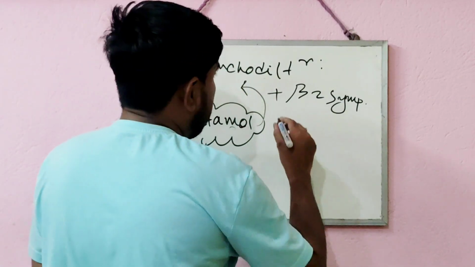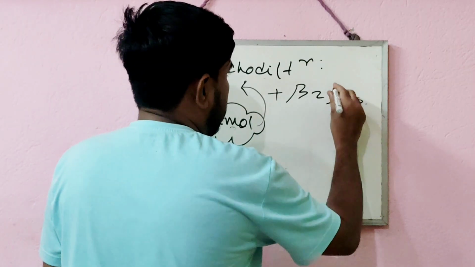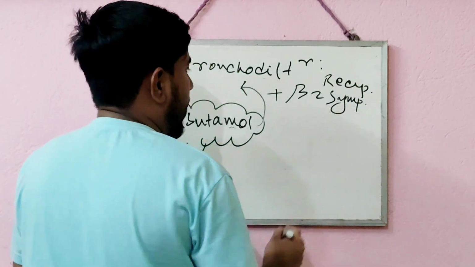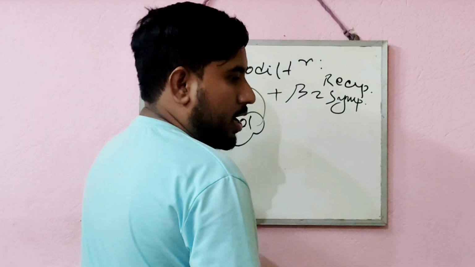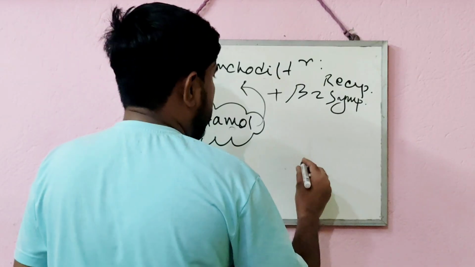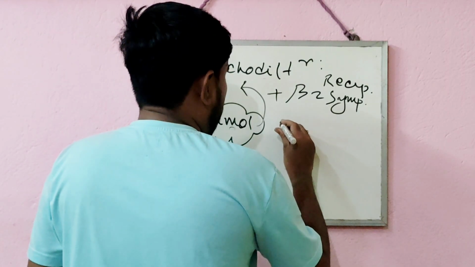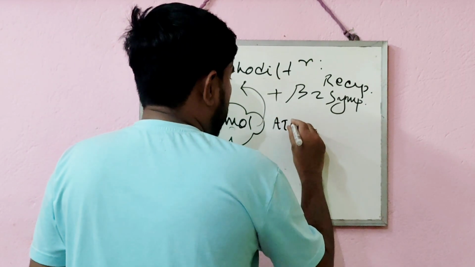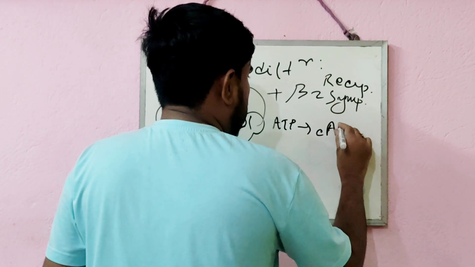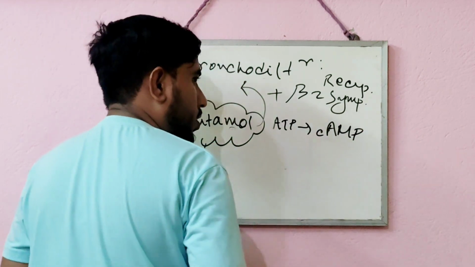Now how is it done? It is done by stimulating the beta 2 receptor. How is it going to promote this? By binding with the beta 2 receptor, which leads to the formation of cAMP, or cyclic adenosine monophosphate, from ATP, or adenosine triphosphate.